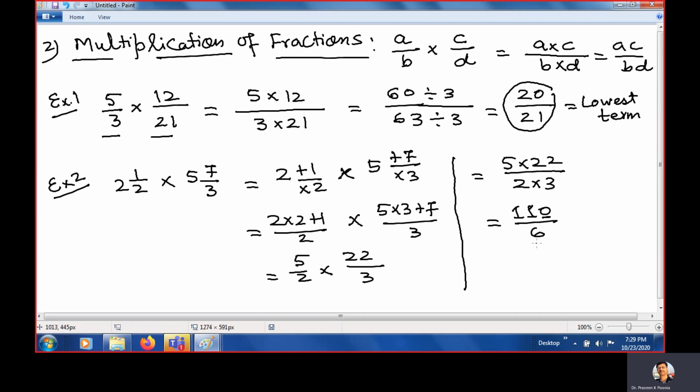Because here is 0 and here is 6, we can make it lowest by dividing by 2. If we divide, it will be 55 and 3. Because 3 is a prime number and 55 is not divisible by 3. So this is the multiplication in lowest terms.